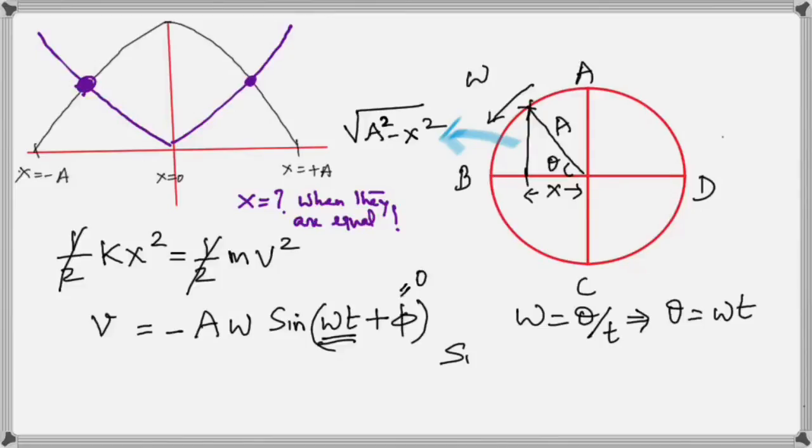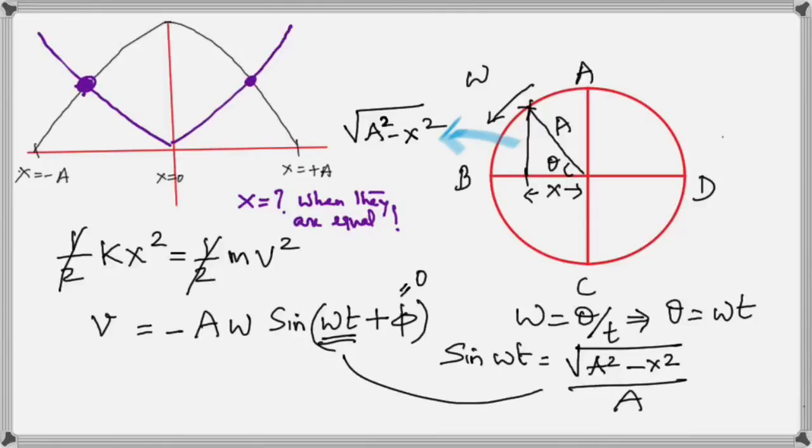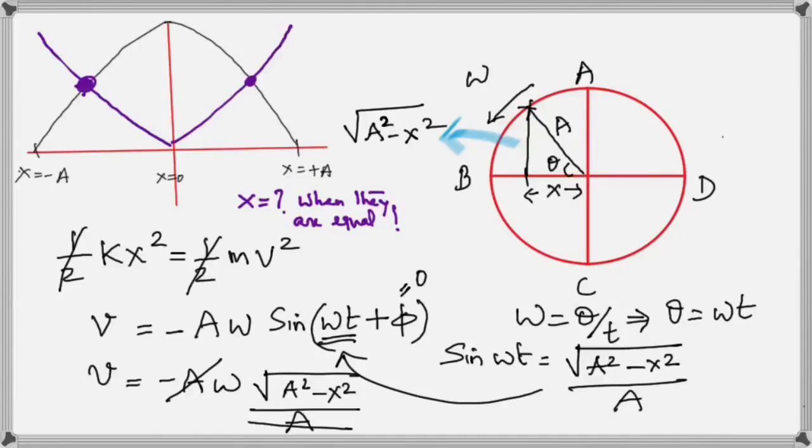Sine omega t would be root A squared minus x squared divided by A. Plug it back here, and you would get velocity is minus A omega root A squared minus x squared by A. Cancel the A's, and you have the formula we're looking for. See what I did? Simple substitution.